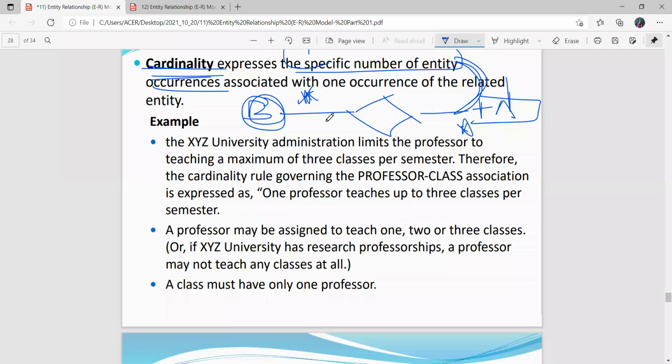So the XYZ University administrator limits the professor to teach a maximum of 3 classes per semester. As an example, this XYZ University administrator decided to limit the number of classes per semester for a professor. So the maximum number is equal to 3.